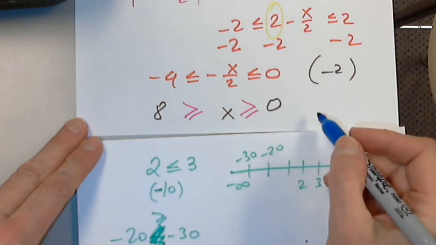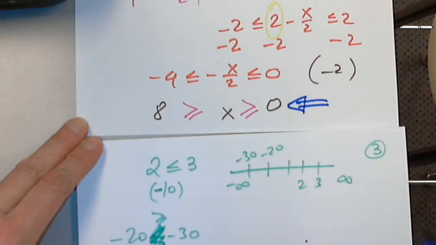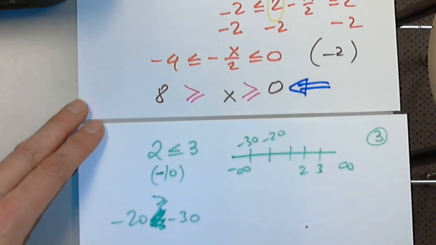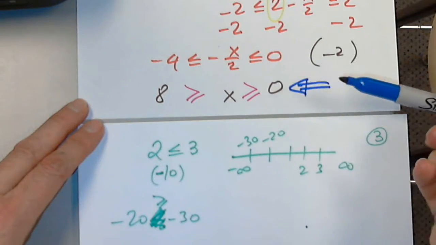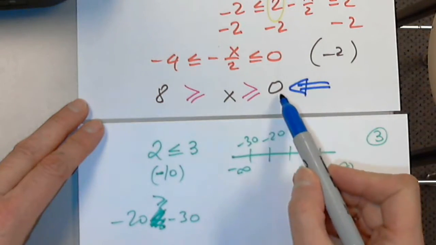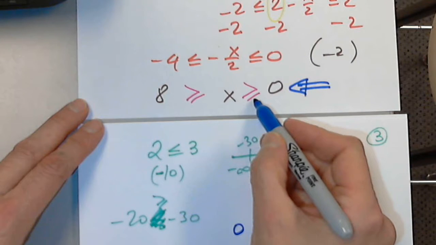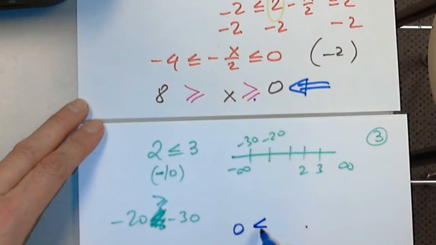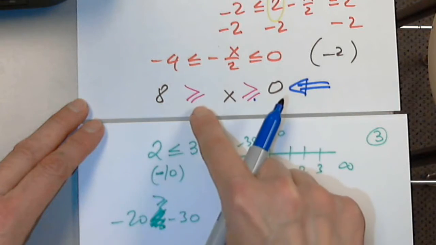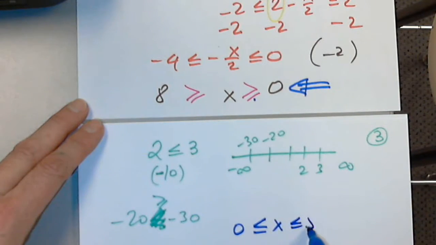So coming back to our problem, because we haven't finished it, I have to read the inequality from the right-hand side to the left. 0 is less than or equal to x, which is right.